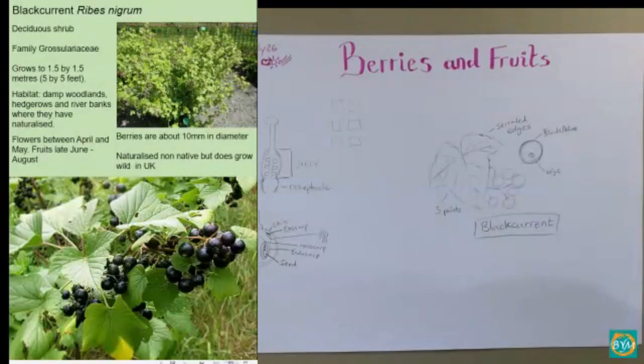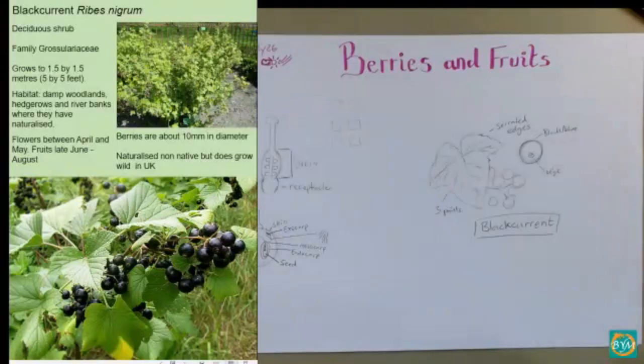It can grow 1.5 by 1.5 meters or 5 feet if you prefer, and tends to grow in damp woodlands, hedgerows, riverbanks. And the other thing is that I thought it was a native UK plant when I started putting this together, but it's not. It is a naturalized plant that does grow in the wild, but also is cultivated.